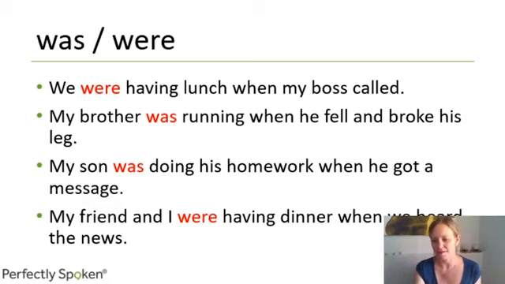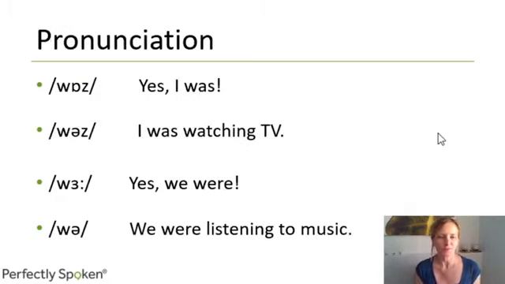I'm going to show you another slide here now. The auxiliary verb has two possible pronunciations, but don't worry if you can't distinguish them. Don't worry if you only choose one. It's okay. All right.